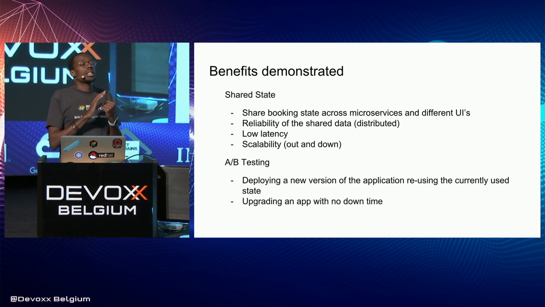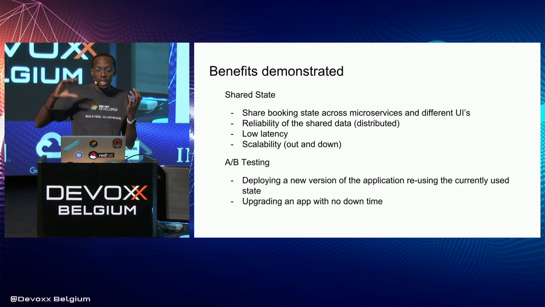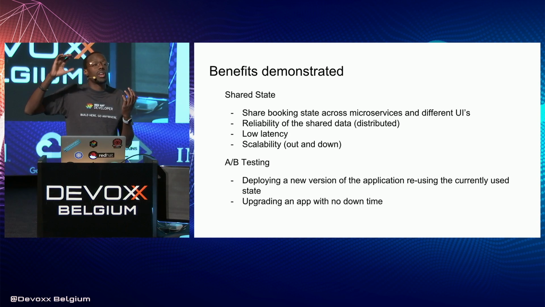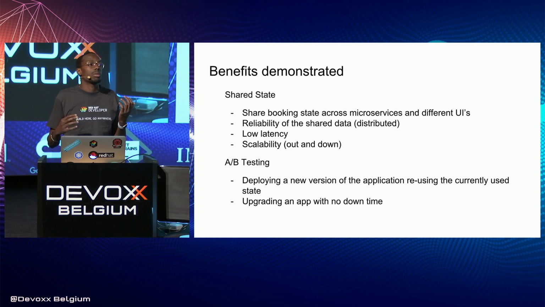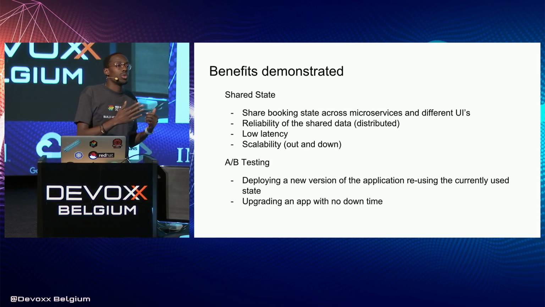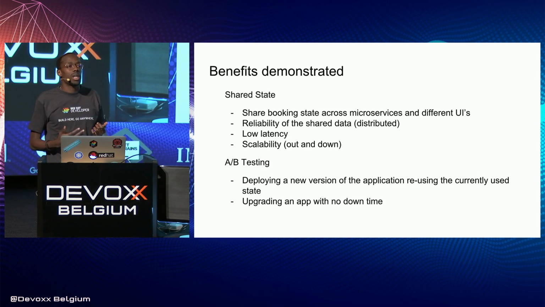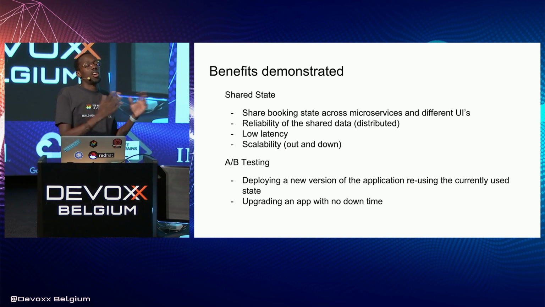Also, we are able to share the same state between different versions of the same application, which allows me to use A/B testing principles, and with some out-of-the-box capabilities of my cloud platform, I'm able to update and upgrade an application without downtime.